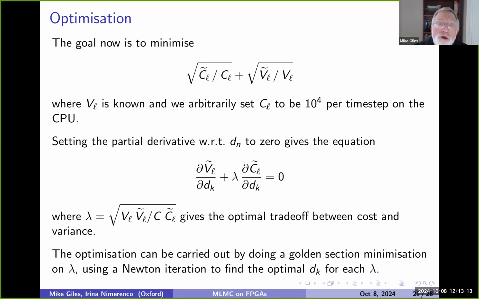Okay, so now what we want to do is to minimize this quantity, which appears in the overall cost, for a given value of VL, which we know from our simulation, and we arbitrarily set the CL to be 10 to the 4 per time step on the CPU. And this really is a somewhat arbitrary choice.